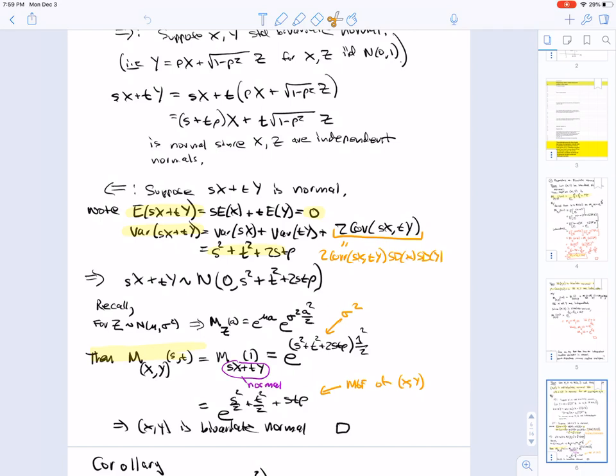And the converse is very easy because we know the moment generating function for the bivariate normal.